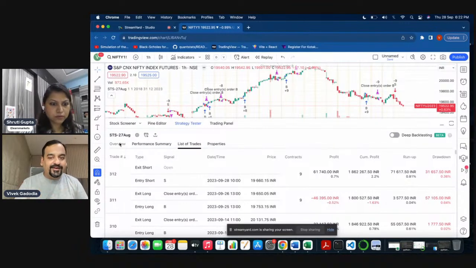If we are losing, then the algo will automatically reduce the quantity. So the 3 lots we started with has now become 9 lots. This is making about 0.7% right now.